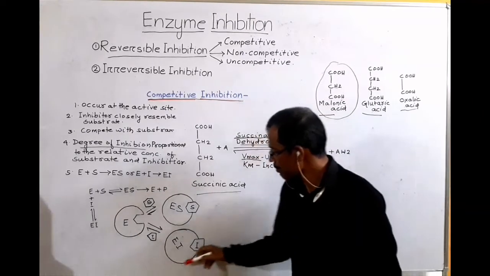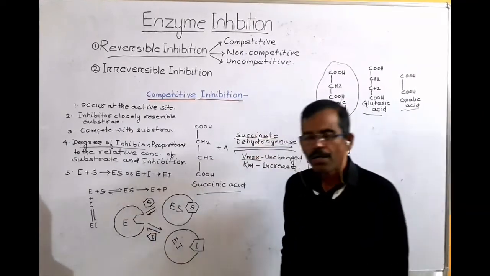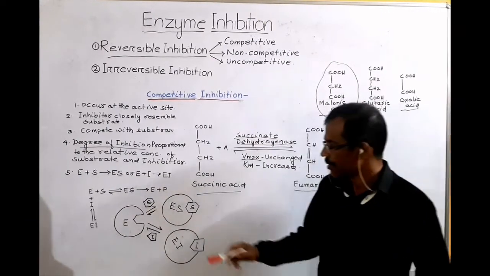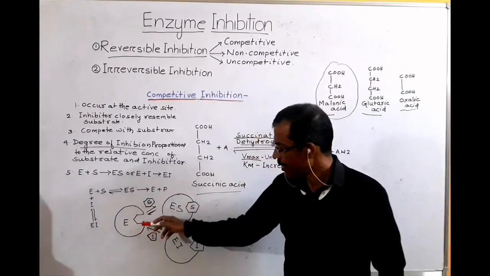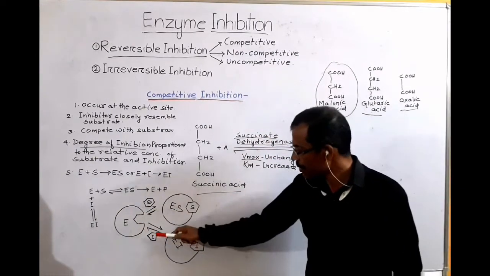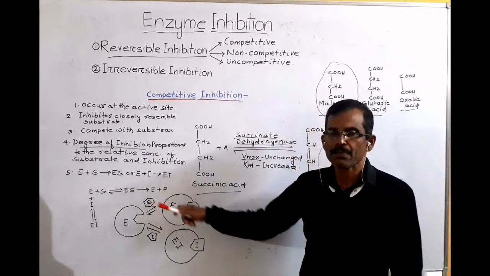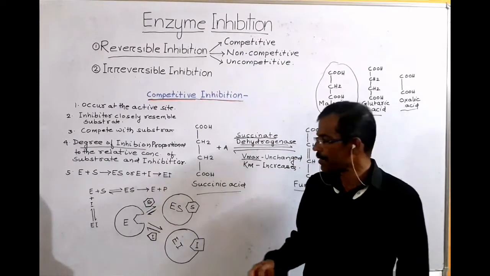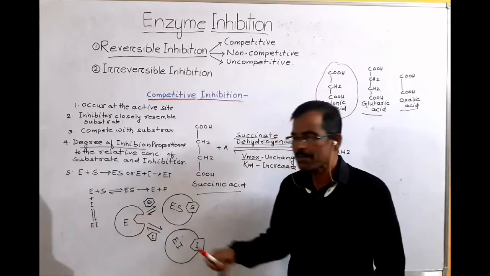This figure explains the process of competitive inhibition. This is the enzyme and this specific site is the active site. Because the inhibitor closely resembles the substrate, they compete for binding at the active site.